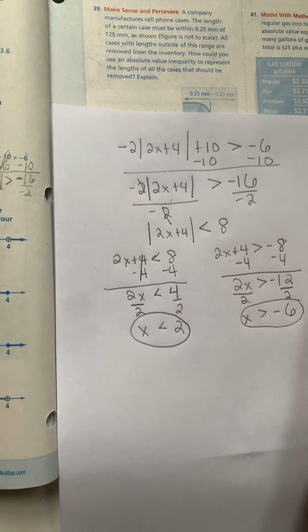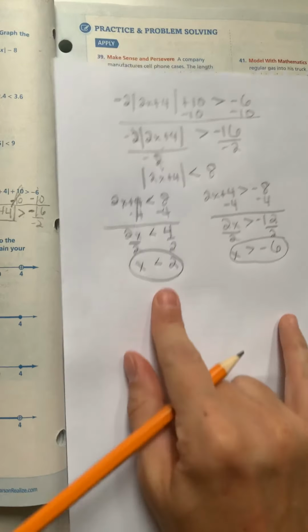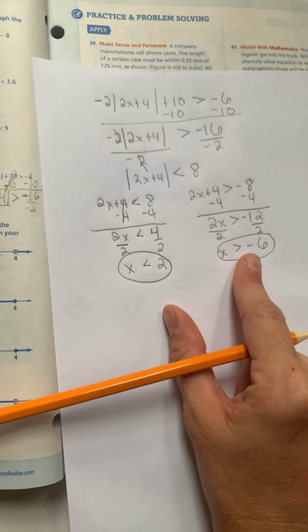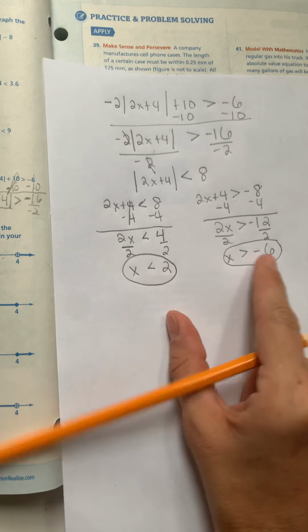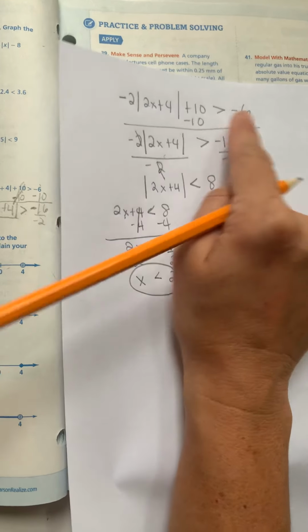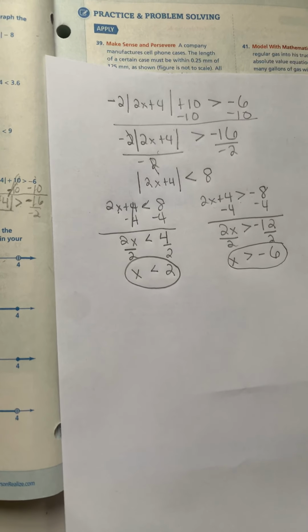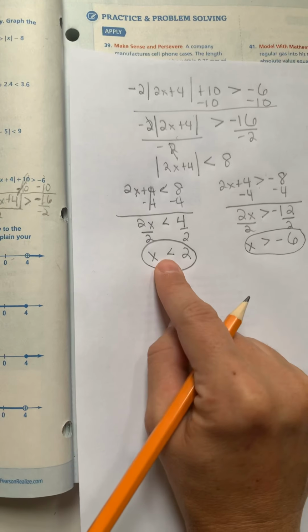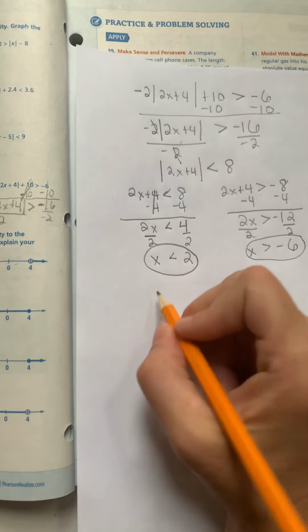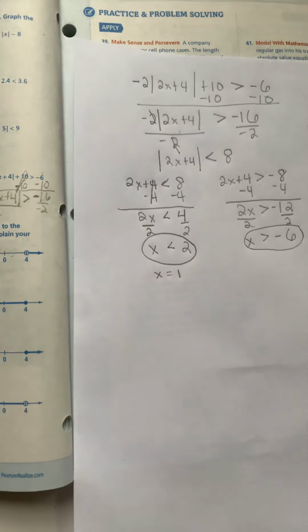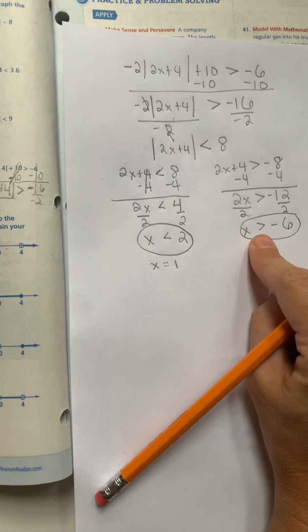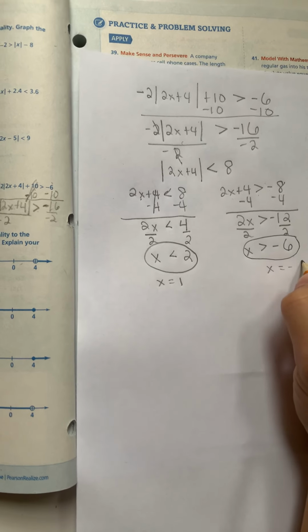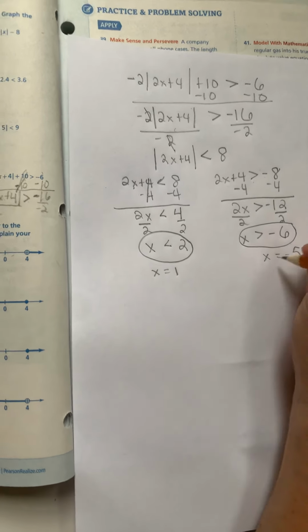This one was tricky, so I'm going to go ahead and take some numbers that would be true for both of these statements, plug them into my equation, and make sure that it actually works. So if x is a number less than 2, I could say x equals 1 would work. And x is a number greater than -6, could say x is -5 works.